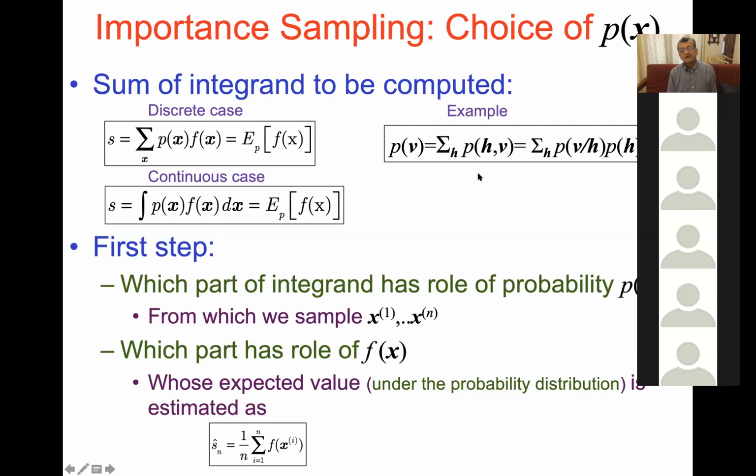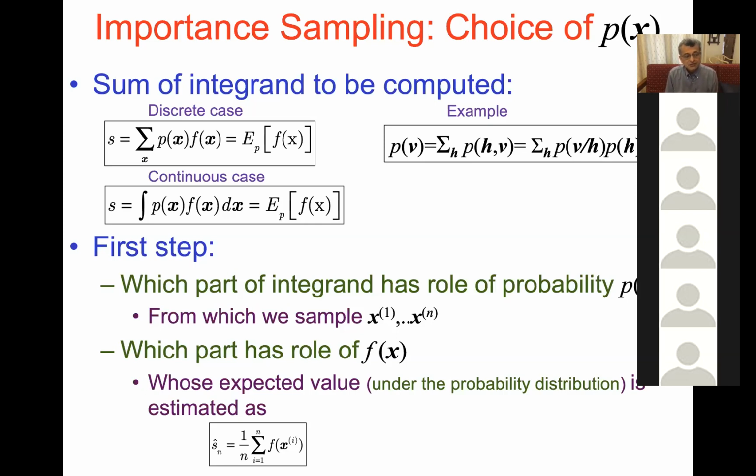Let's say we have visible nodes and hidden nodes in a deep learning network. And we're asking, what is the probability of this observation V? If you know the joint probability P of H comma V, that's what the model would have modeled based on the set of weights it has got.